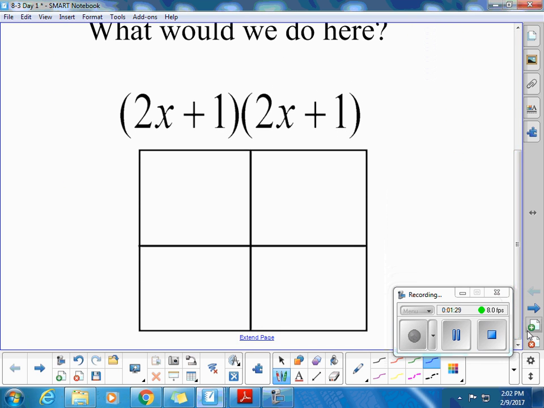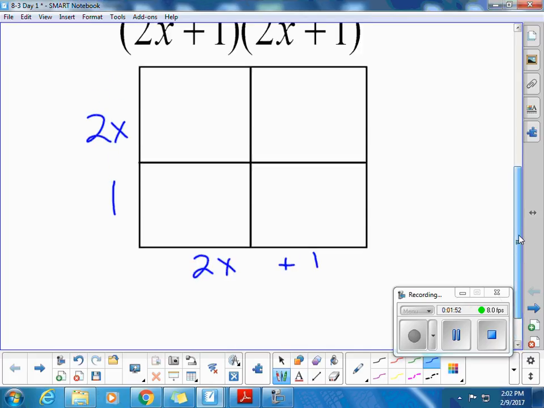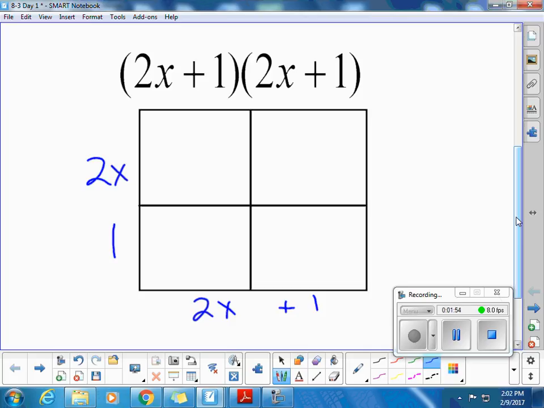So if we are now looking at multiplying a binomial times a binomial, and we use the box up above, here's one way that we can do it. Since they're 2 by 2, so binomials, I'm going to write each one on the side, and then I will write 2x plus 1 here also, because we're multiplying 2x plus 1 times 2x plus 1, and we do the same thing.